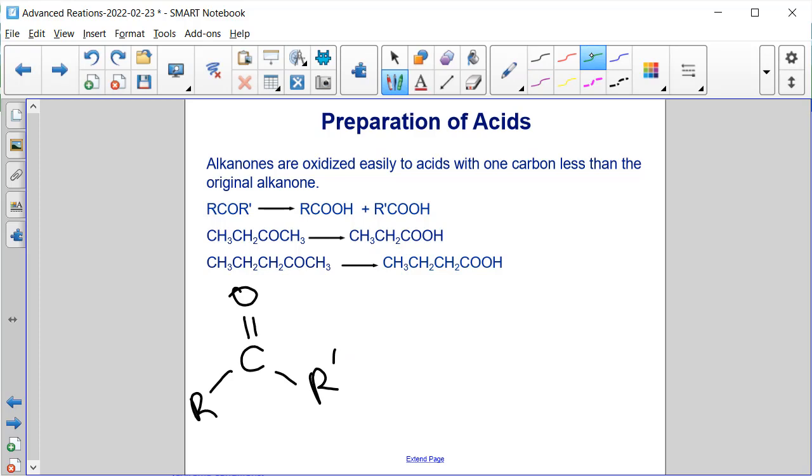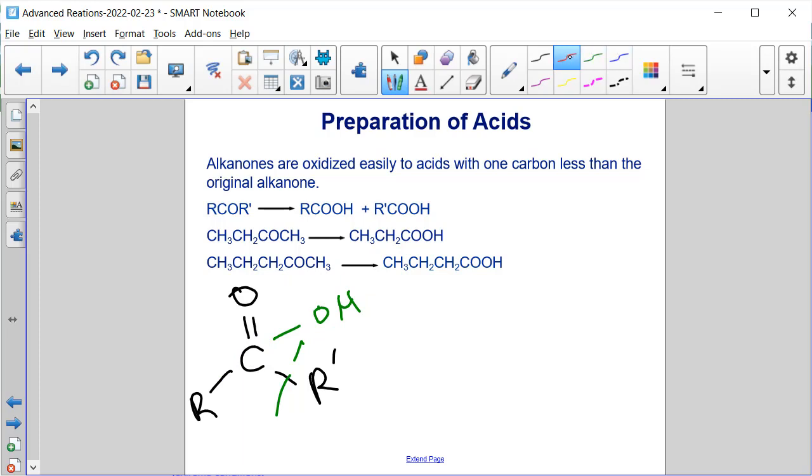And the reality of what happens here in this oxidation is that there's a cleavage on either side of the carbonyl group. So we either cleave here, and if we do that, we get this carboxylic acid that involves R. So instead of this bond to R prime, we would get OH and get this carboxylic acid.